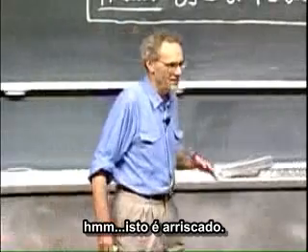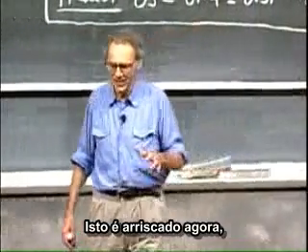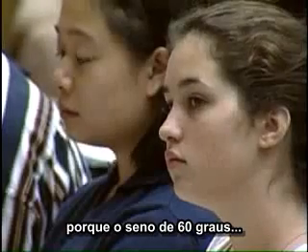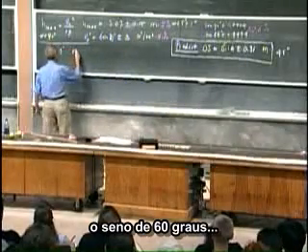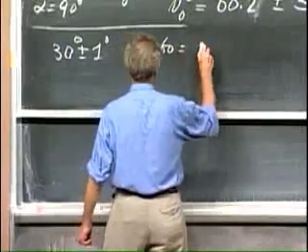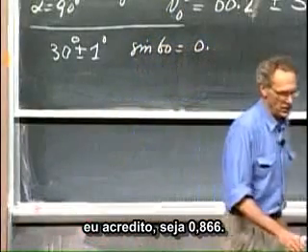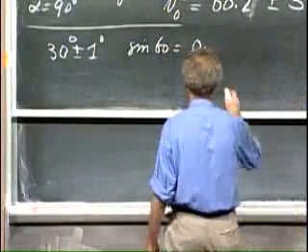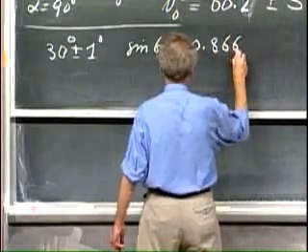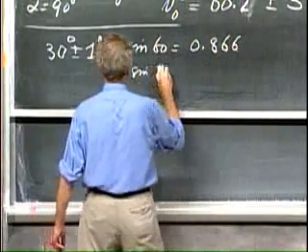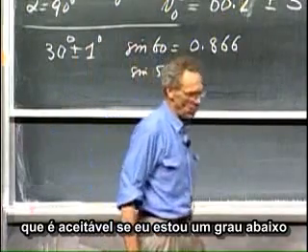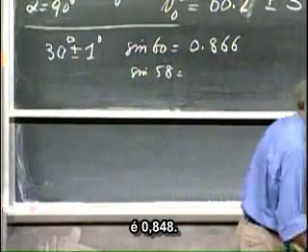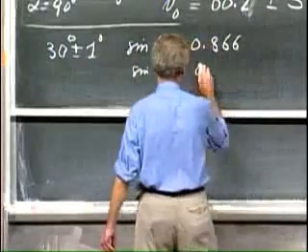That is risky. That is risky now. Because the sine of 60 degrees, that's what you deal with. The sine of 60 degrees, I think, is 0.866. That's right. But the sine of 58 degrees, which is possible if I'm 1 degree under, is 0.848.